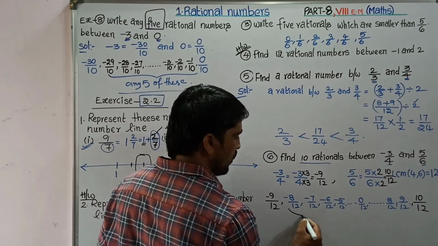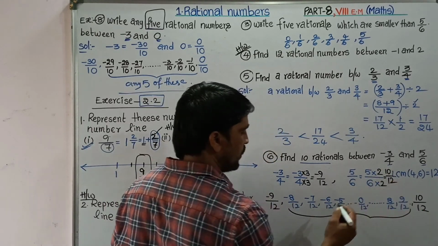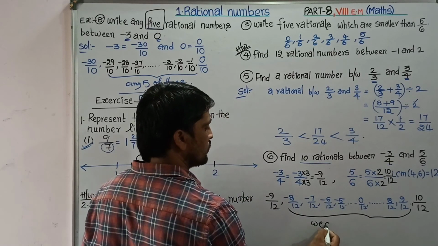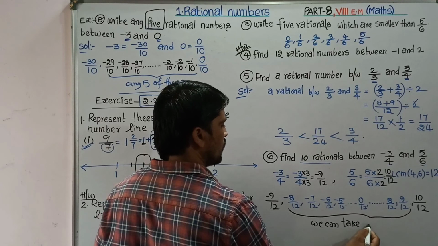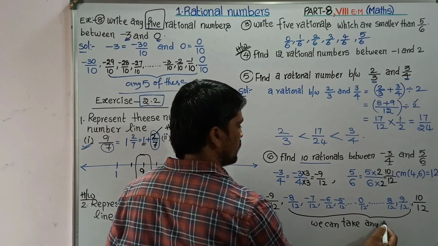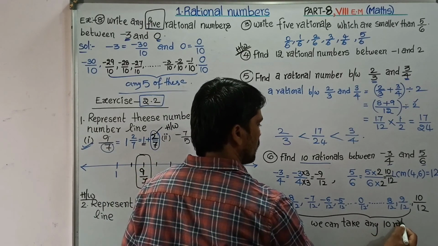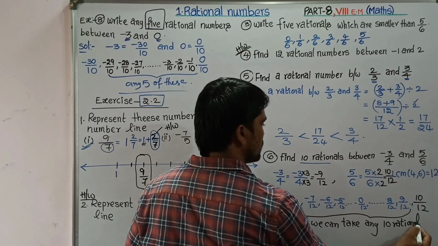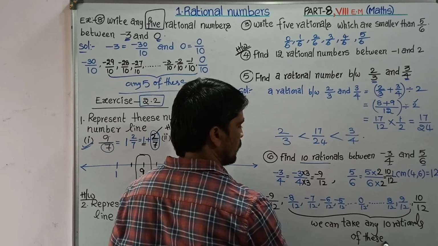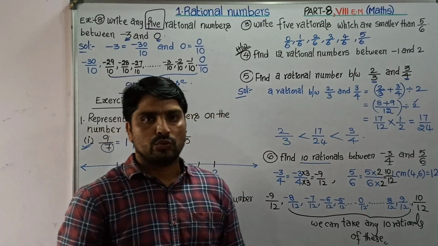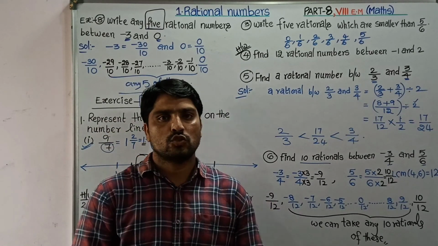Among all the rational numbers, we can take any 10. We can take any 10 rationals of these. Okay students, this completes exercise 2.2.